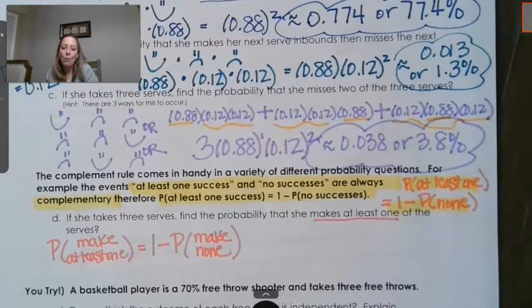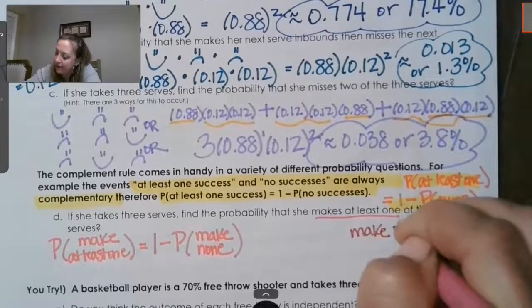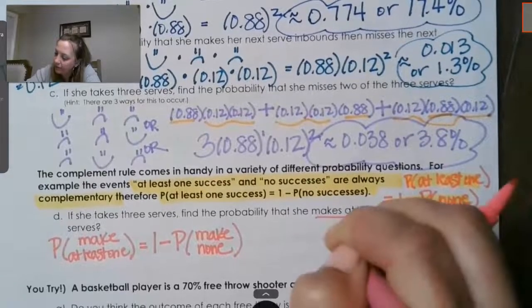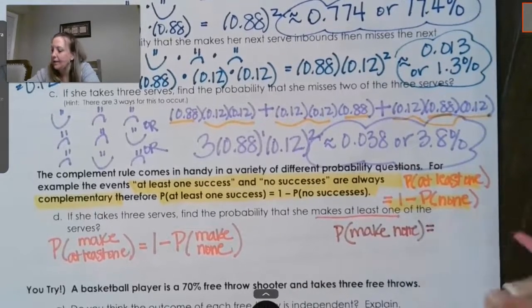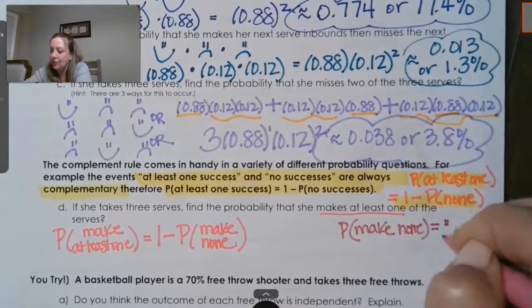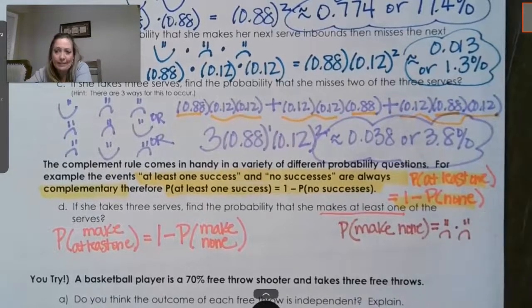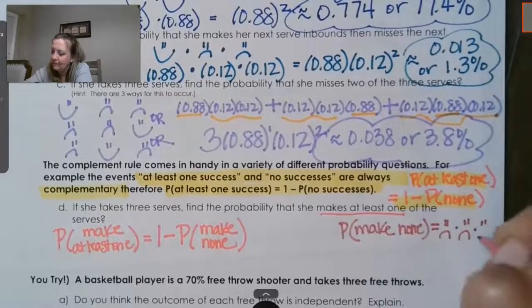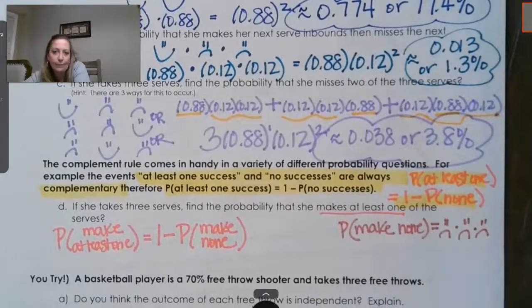So let's think about what making none means. The probability of making none would mean that she misses, and she misses again, and she misses again. Now, this is still the same question that we've been dealing with in example 4.